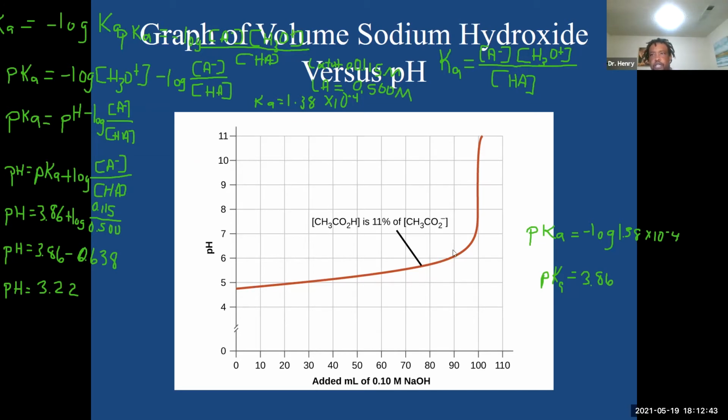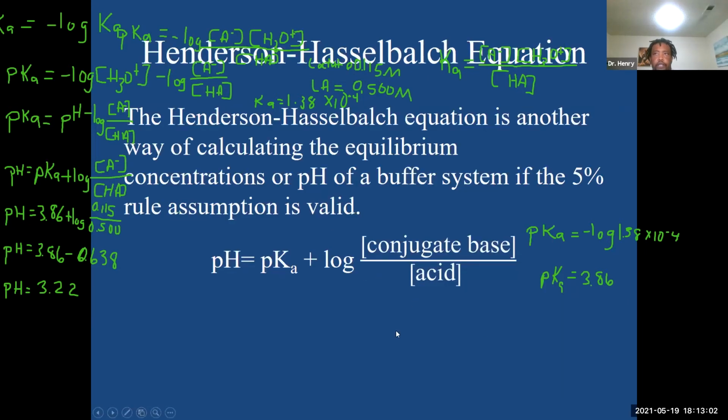It's not until you go beyond what we call the equivalence point that you get the dramatic change. This here is just showing you the Henderson-Hasselbalch equation after I just calculated it for you, so you saw how it was actually formulated.